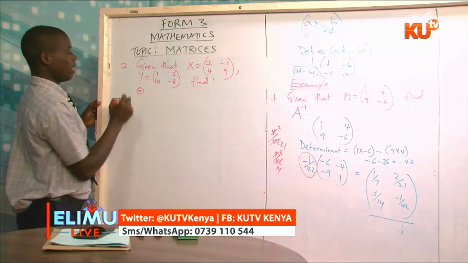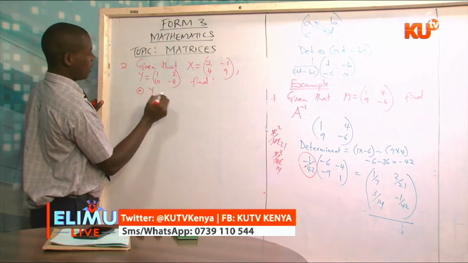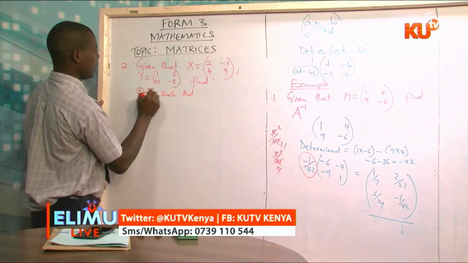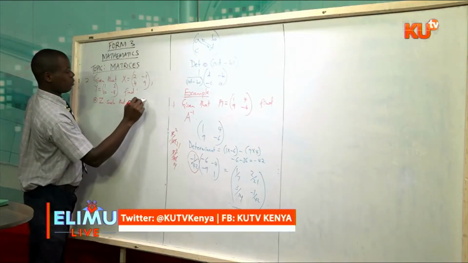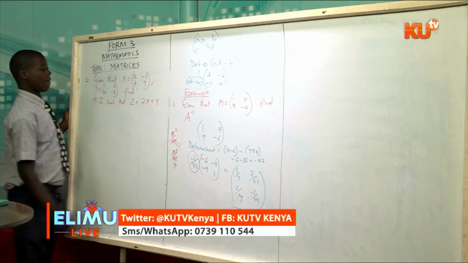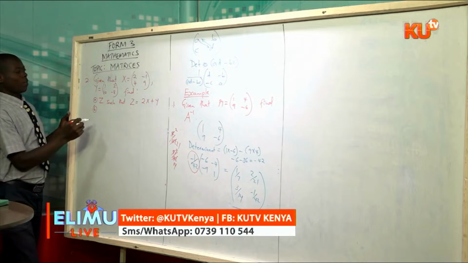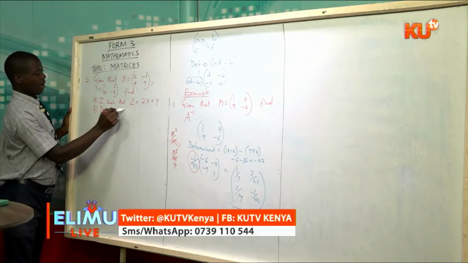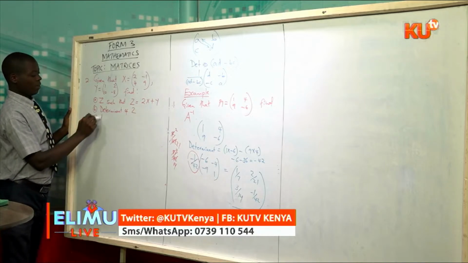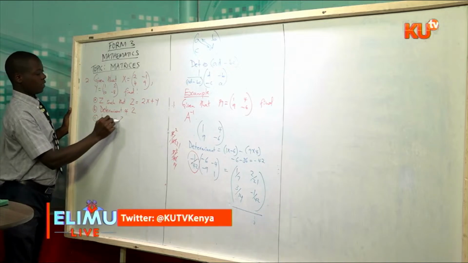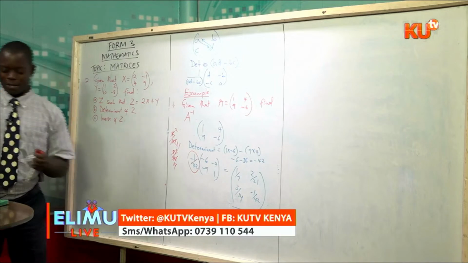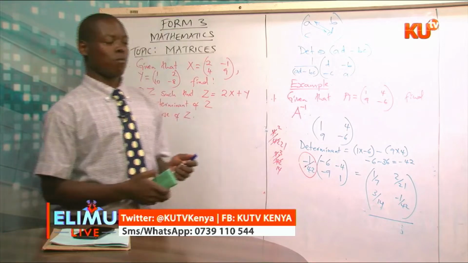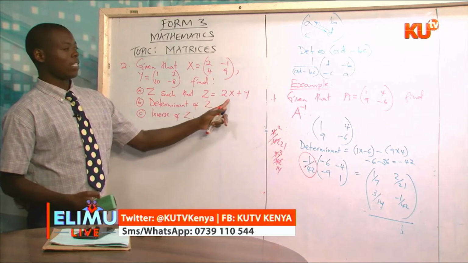Find Z such that Z is equal to 2X plus Y. Part B will now have to get the determinant of Z, and C the inverse of Z. Those are 3 matrices, and I've put it that way so that we're able now to move in this line.